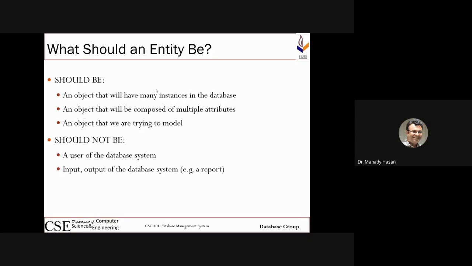Make sense? So let's say I have a class called student. Then what will be my instance? Sir, student ID, student name. No. Nope. Student ID and student name is not an instance.